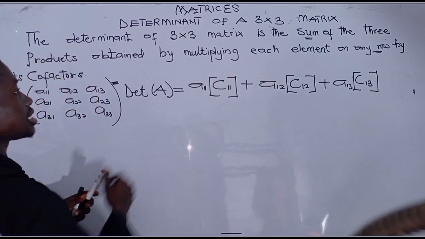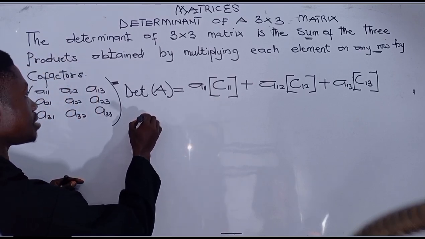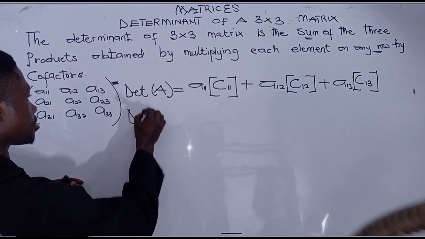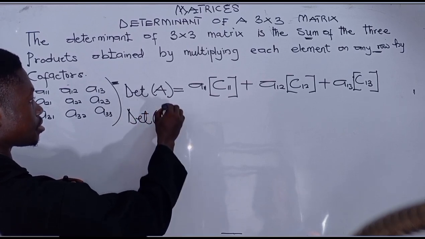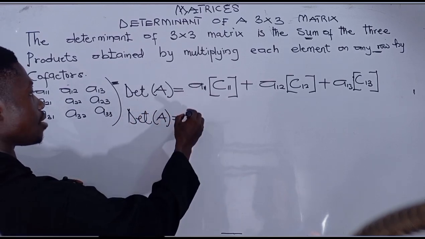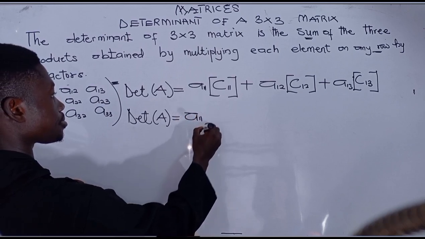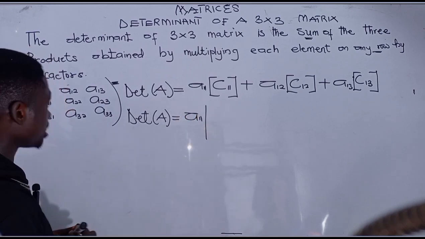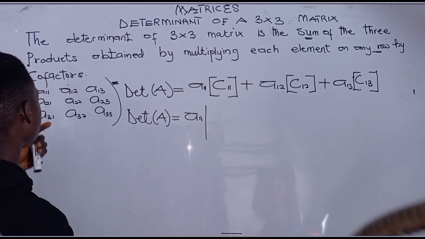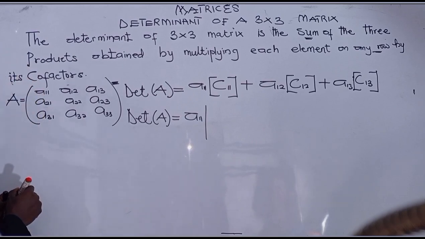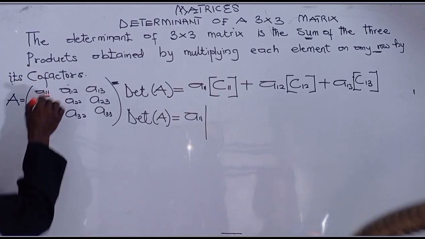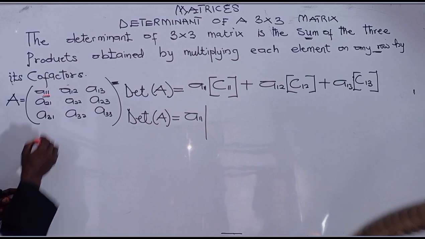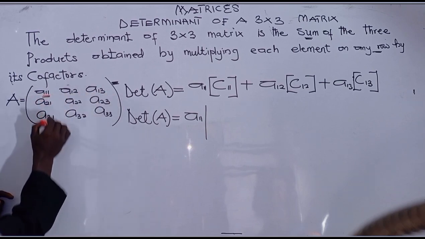So we are going to find our cofactors. We are still on the determinant of A. So we have our A11. To find the cofactor for the first entry, we are going to collapse the first row and the first column.